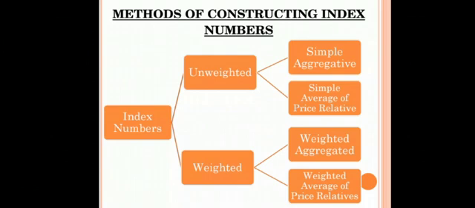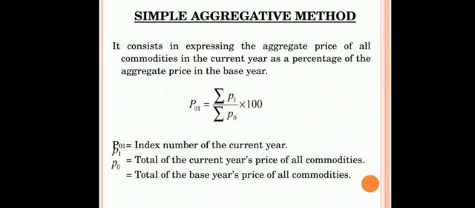There are two types: weighted and unweighted. Weighted index numbers are of two types: weighted aggregate index numbers and weighted average of price relatives. The unweighted method is also of two types: simple aggregative and simple average of relatives.